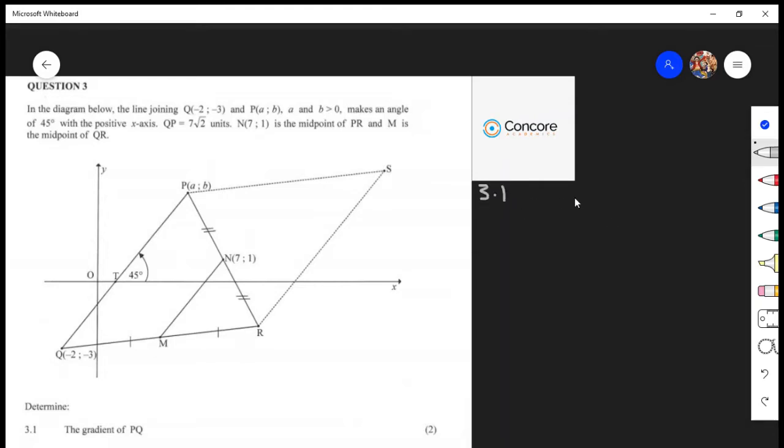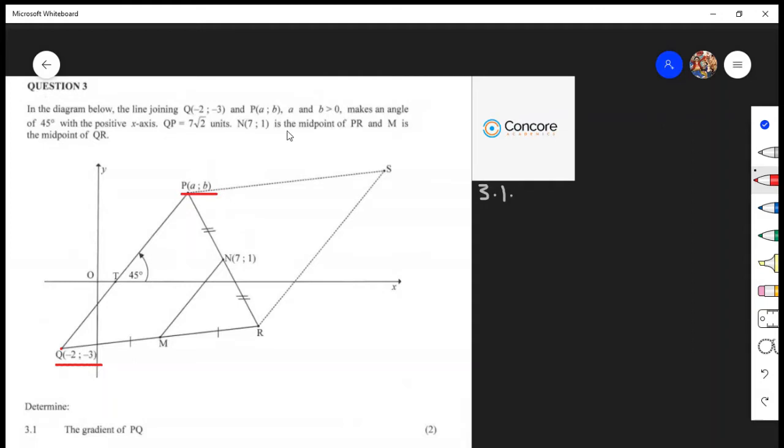Okay, in the diagram below, the line joining point Q, which has coordinates (-2, -3), which is this point over here, and point P, which has coordinates (a, b), where a and b are greater than 0.